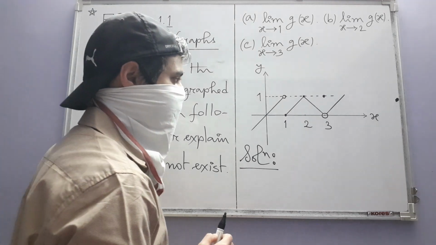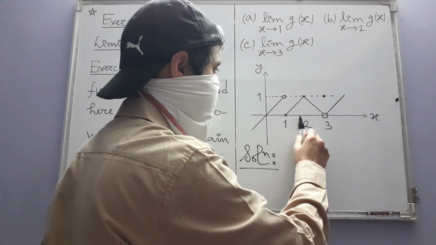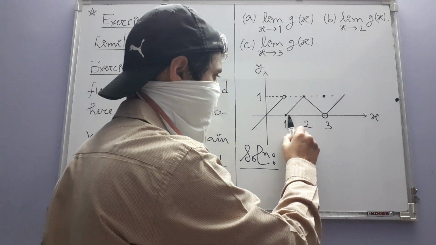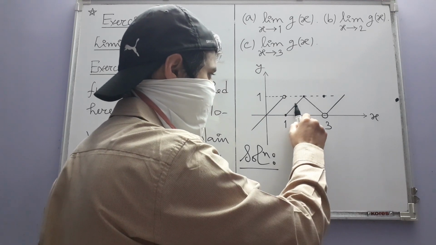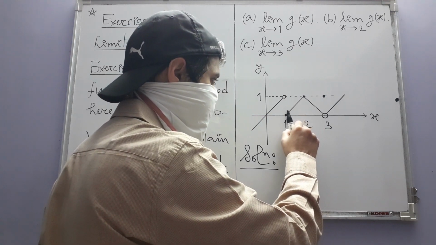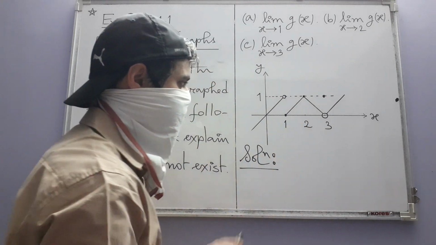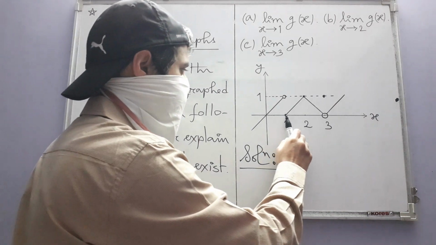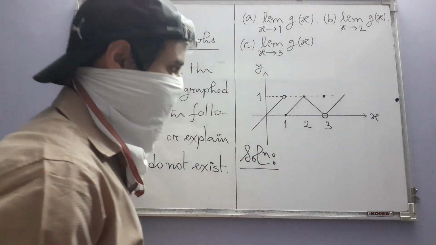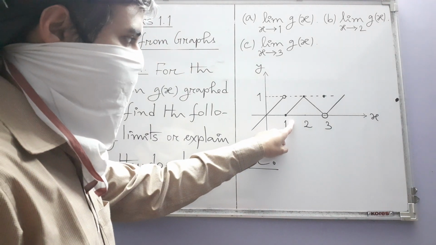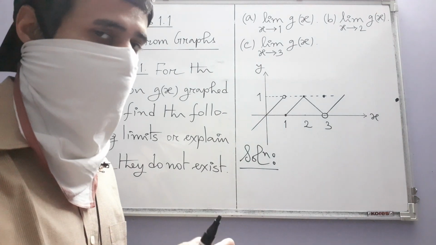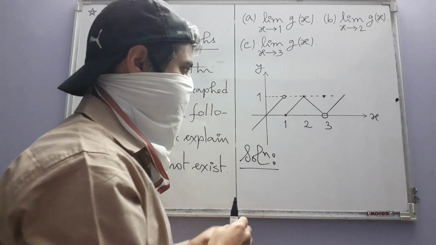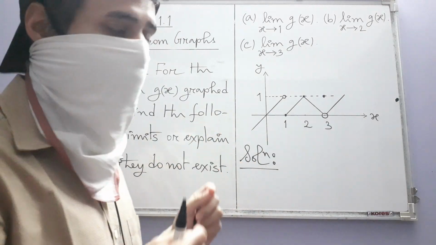But that's not what happens on the right side of 1. When you bring your x value towards 1 from the right side, the y value decreases and reaches 0. So on these two sides of 1, the values of x, if you make it close to 1, the corresponding values of y do not approach a single number.